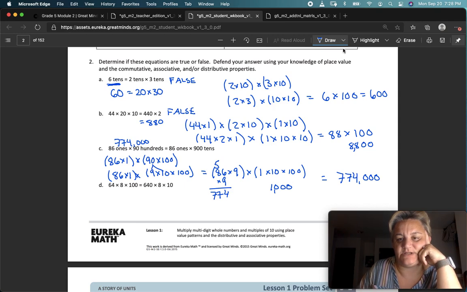Let's see. Let me change colors. 86 times 1, right, so that's the same, times 900 times 10. Well, I'm going to distribute this one too.